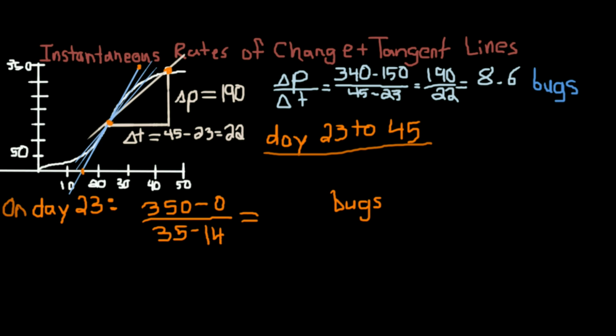When we subtract that, we get 35 minus 0, which is this point right here, and this point way up here, over 35 minus 14, which gives us an end result of 16.7 bugs on day 23 approximately.